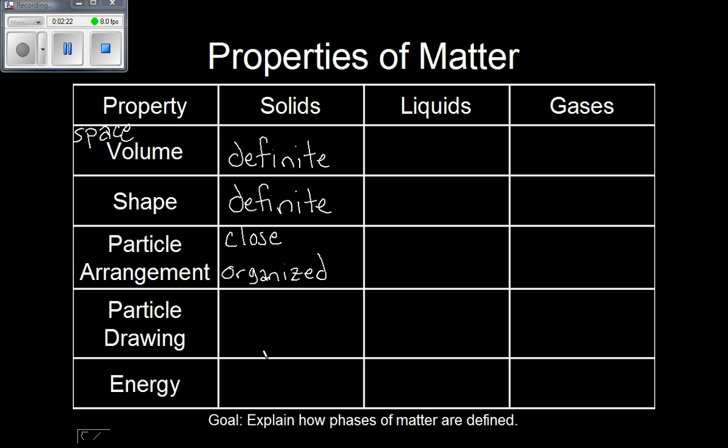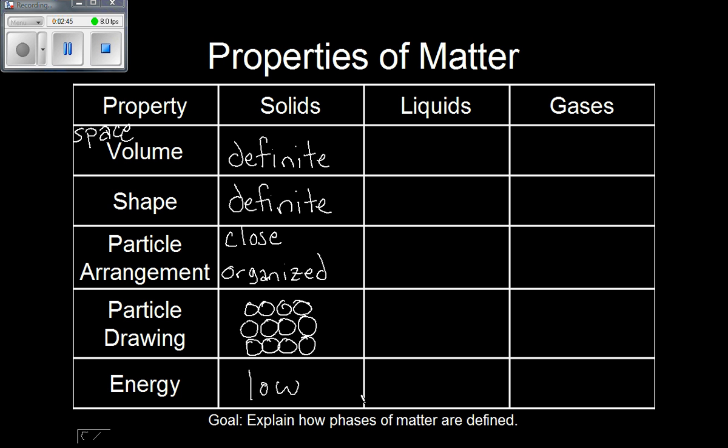You can think of the particles in a solid similar to soldiers who are standing or marching in formation. They're very close together and they're in nice, neat rows, or very organized. And the reason why this is possible is because solid particles have a very low amount of energy. They basically just vibrate in place.